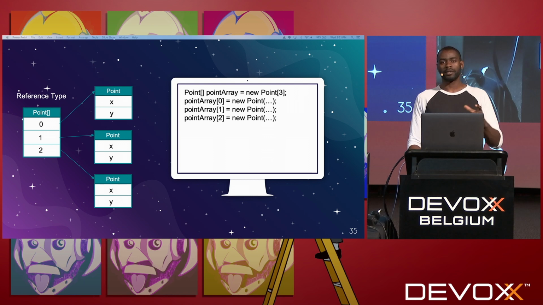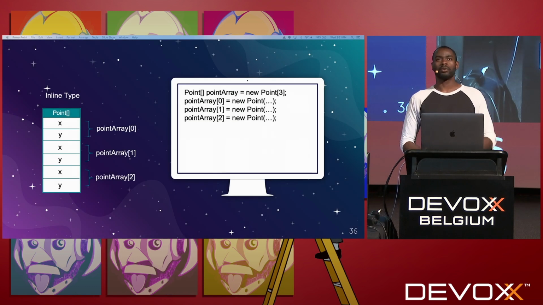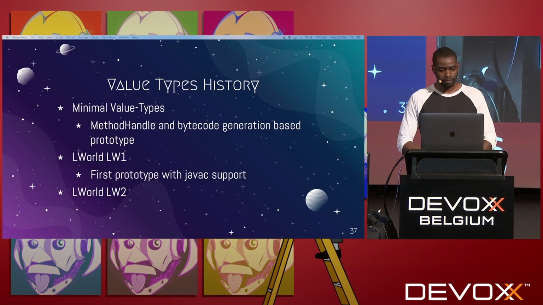Each element is a reference to where that element actually is stored. But with an inline array, all the elements are stored inline. So it looks more like a primitive array. So you have a flattened representation, less indirection, and this can take advantage of hardware prefetch if you're doing sequential access. So again, this is a very big improvement.